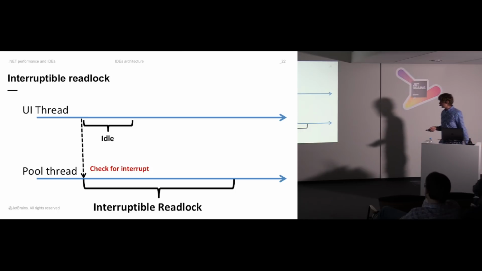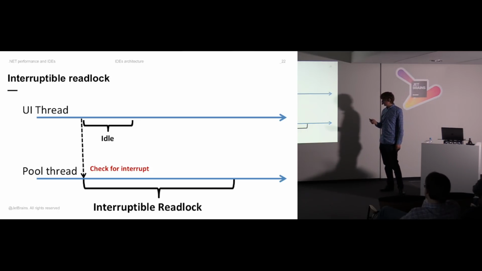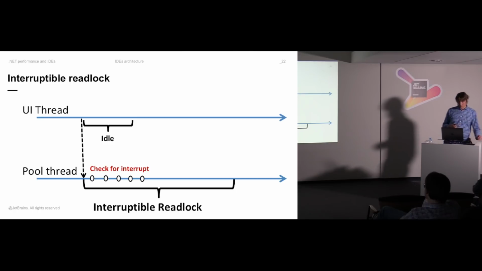So in this pool thread I have a read lock, and then all of a sudden, boom, I start to type something in my application. The thing I need to do in my background code is to frequently check for interrupt, check if somebody wants to acquire the write lock, and if so, cancel my background activity and let them obtain the write lock as soon as possible.